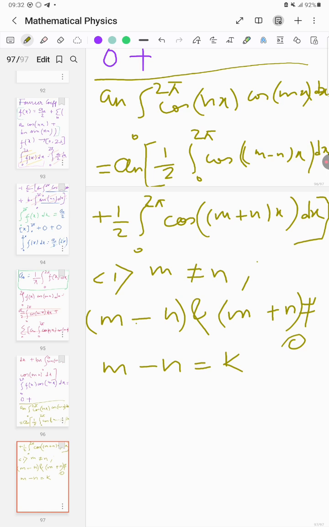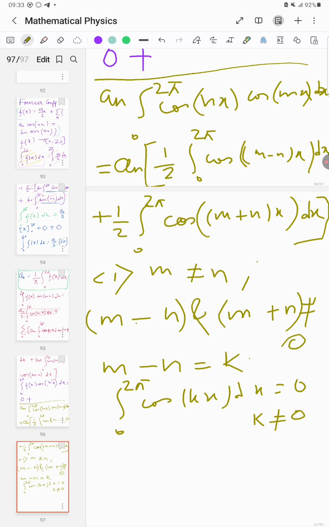We know that 0 to 2 pi integration cos kx dx is equal to 0 when k is not equal to 0, and here k is equal to m minus n, right?